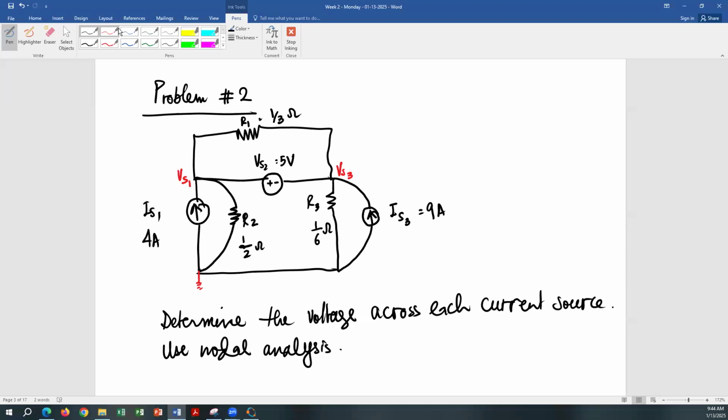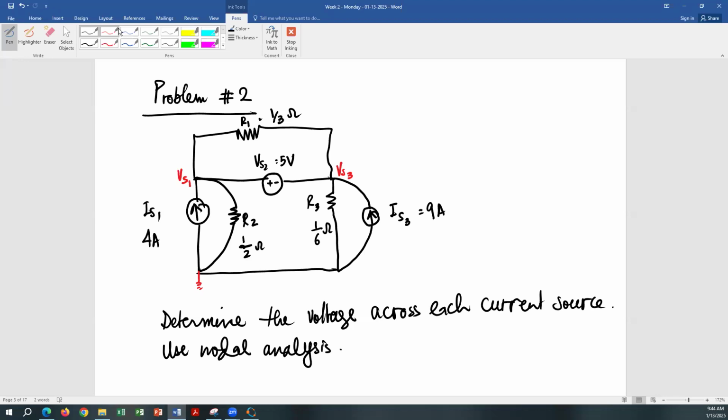It might be easier to go for the mesh analysis, I would say. As far as node is concerned, you have, of course, two nodes, but this is the case of pretty much supernode, if you remember supernode. But we are going to do it without supernode, and then we're going to apply supernode. We're going to do both ways.